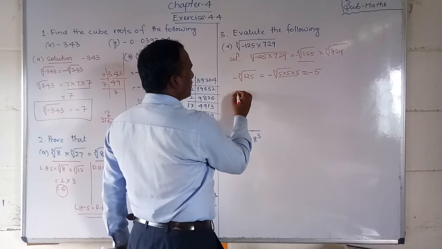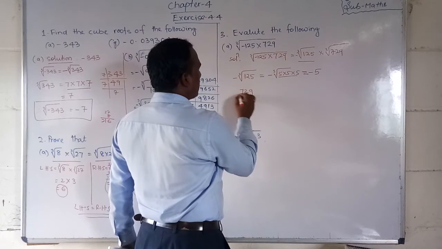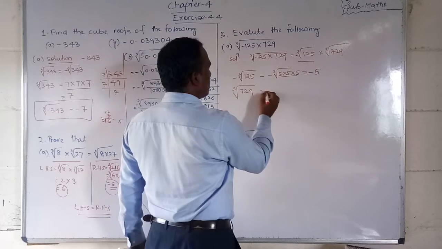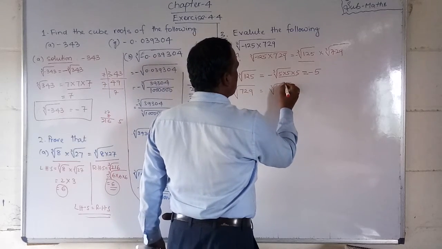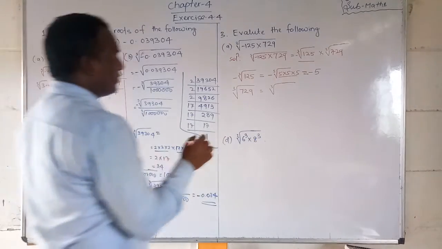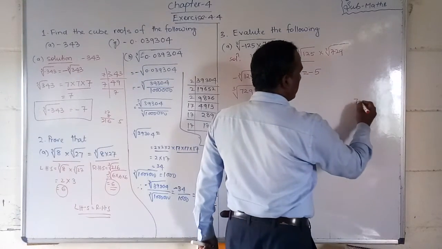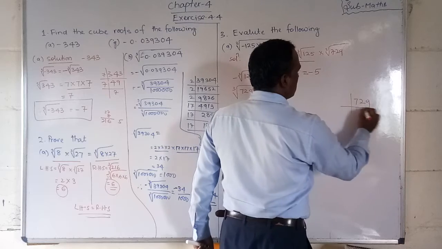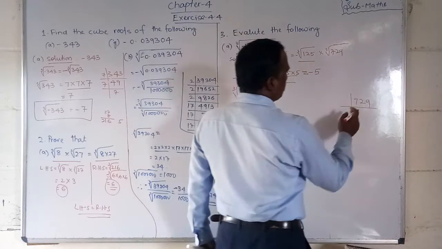Same like, friends, cube root of 729: how much will it come, friends? You should observe. If you are getting confused, you should do the 729 factorization by the line method. How much will go, friends?